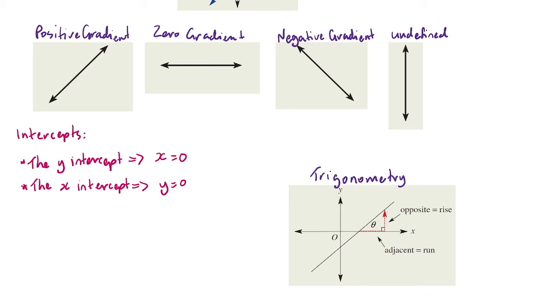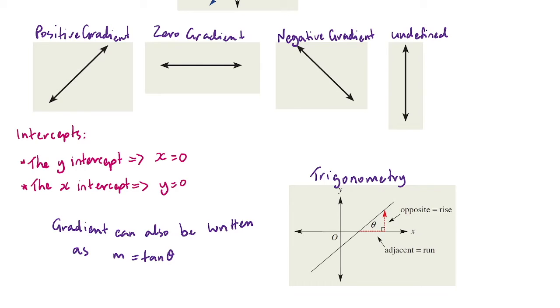So gradient can also be written as our lowercase m equals tan theta. And it's as simple as that.